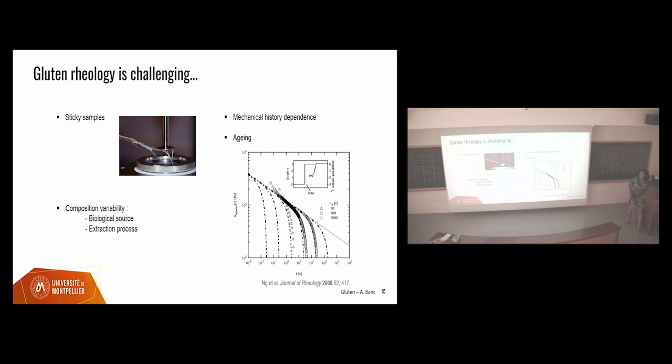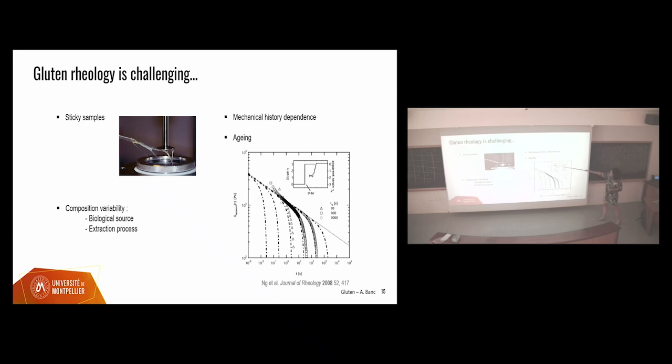So let's start with the measurement. It's quite difficult. Gluten rheology is challenging. It's sticky. It's a chewing gum. It's a nightmare. Then you have variability in terms of composition due to the biological source of your gluten, the extraction process, and so on. And rapidly, when you start measuring, you realize there's a mechanical history dependence of your measurement and an aging.